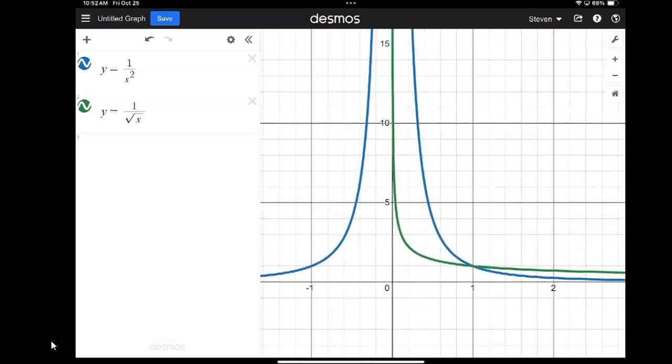Notice all the space between the 1 over x squared graph and the 0. That's why we end up having an infinite amount. It's just not getting close to the 0. It's not hugging the asymptote quick enough. Whereas the 1 over square root of x is definitely hugging that thing really quick. You can definitely see that.